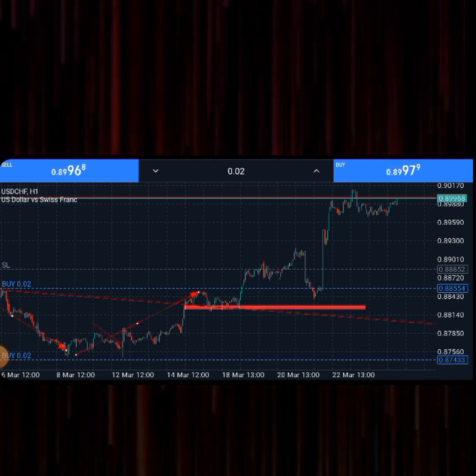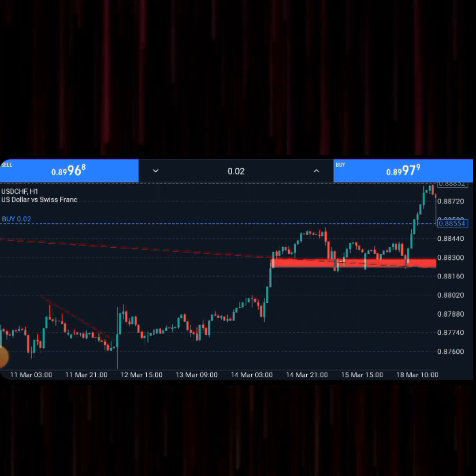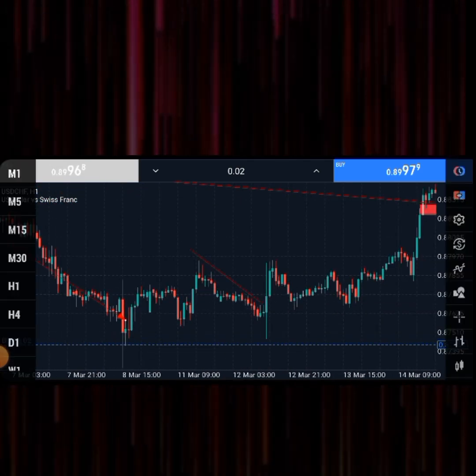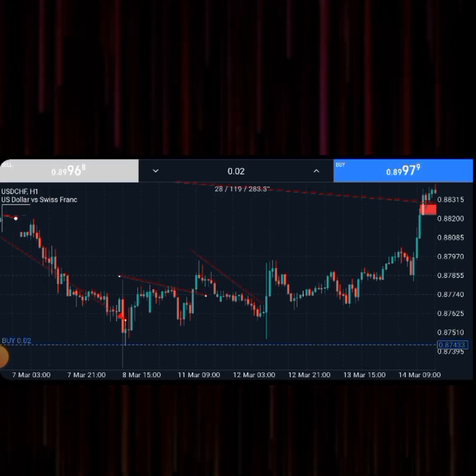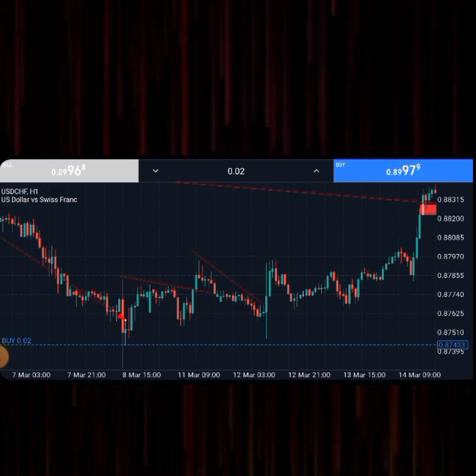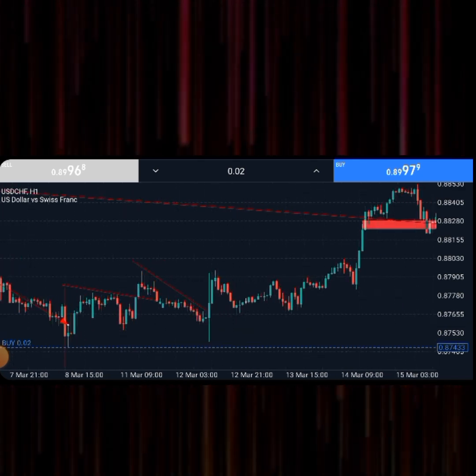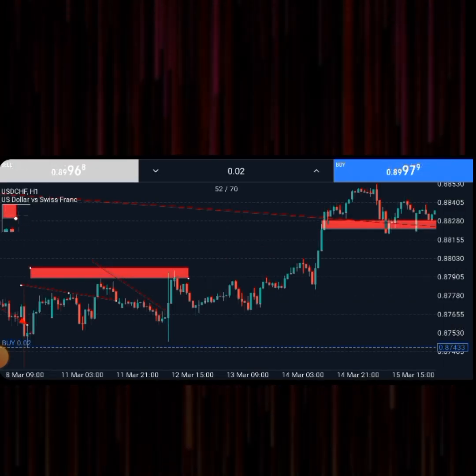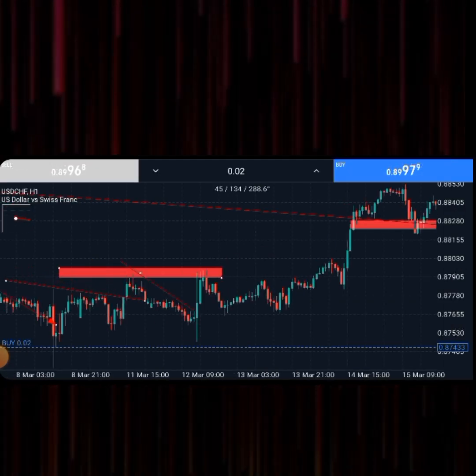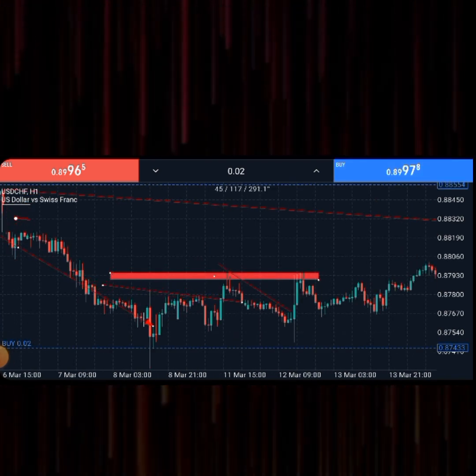As you can see, this is not an impulsive move towards the upside. It is a move that took a while to form and break out from its resistance on the structure, because don't forget, this is a new structure now.